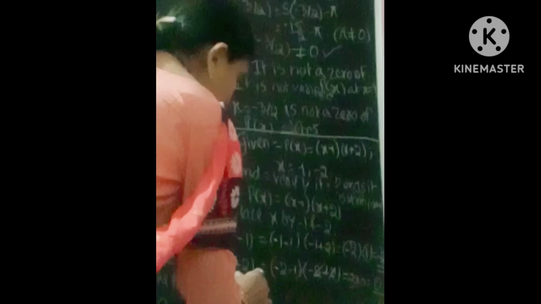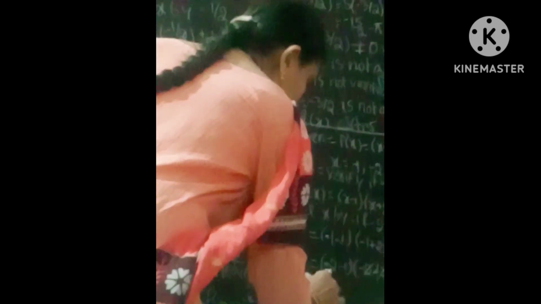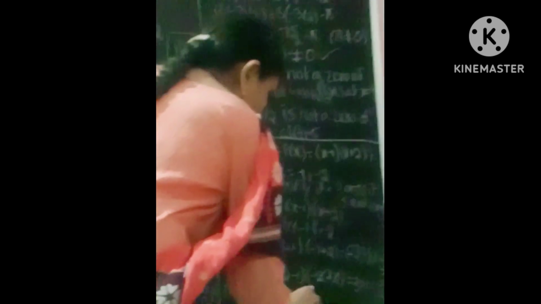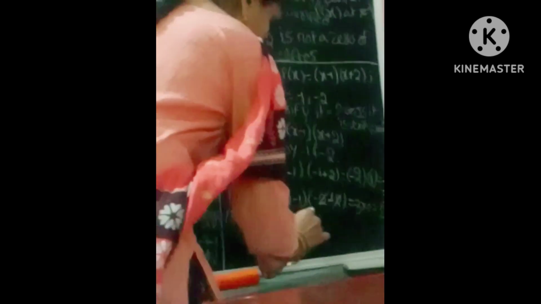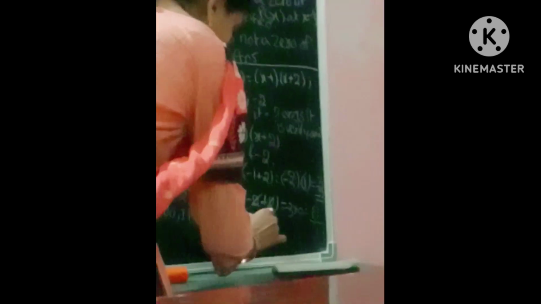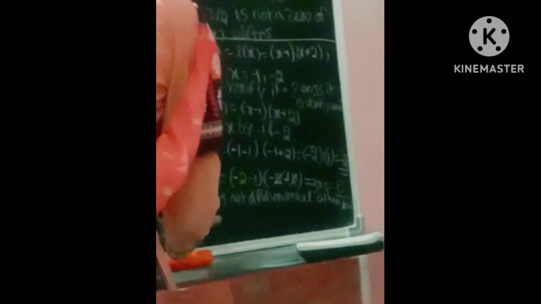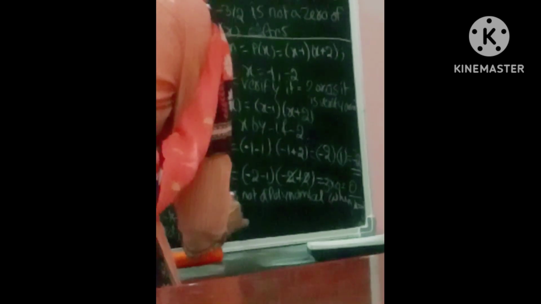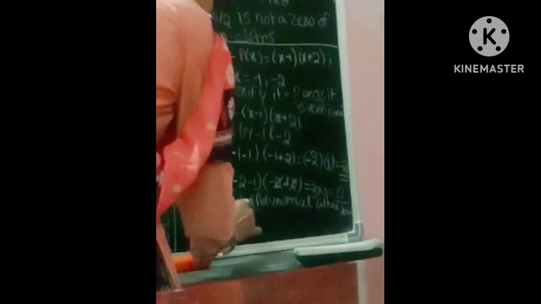So it is not a zero of the polynomial when x equals minus 1, and it is a zero when x equals minus 2.